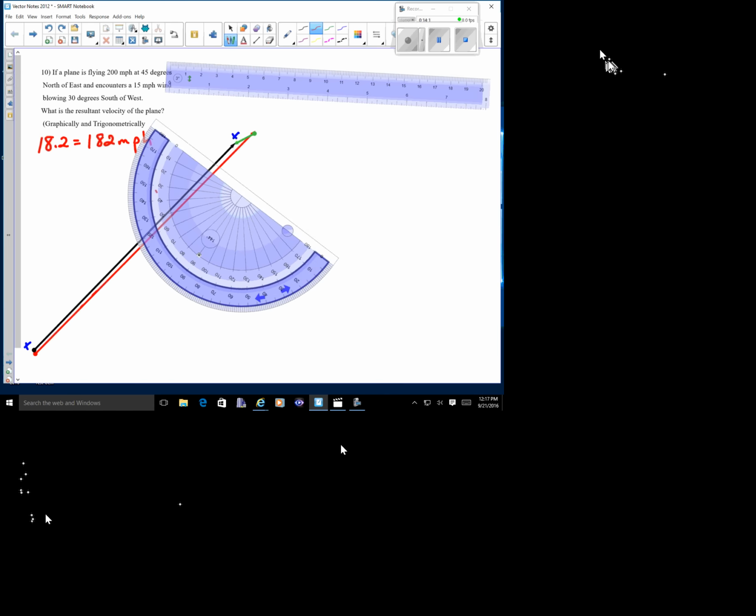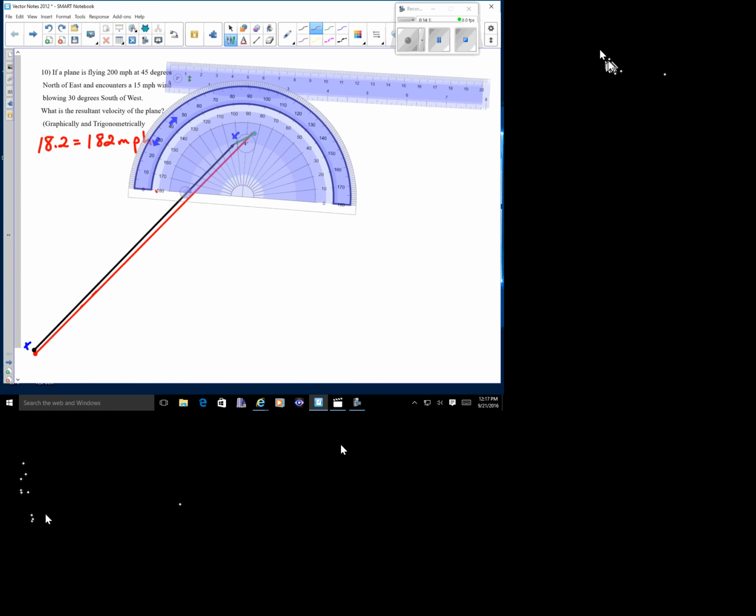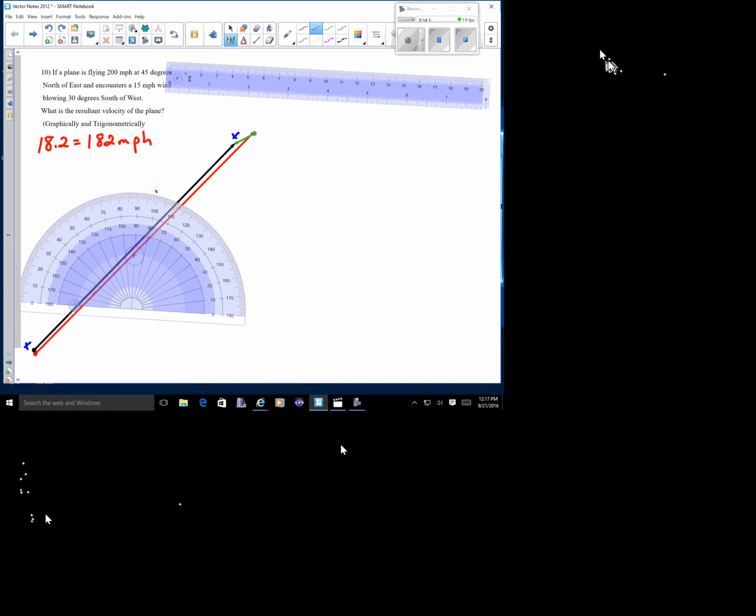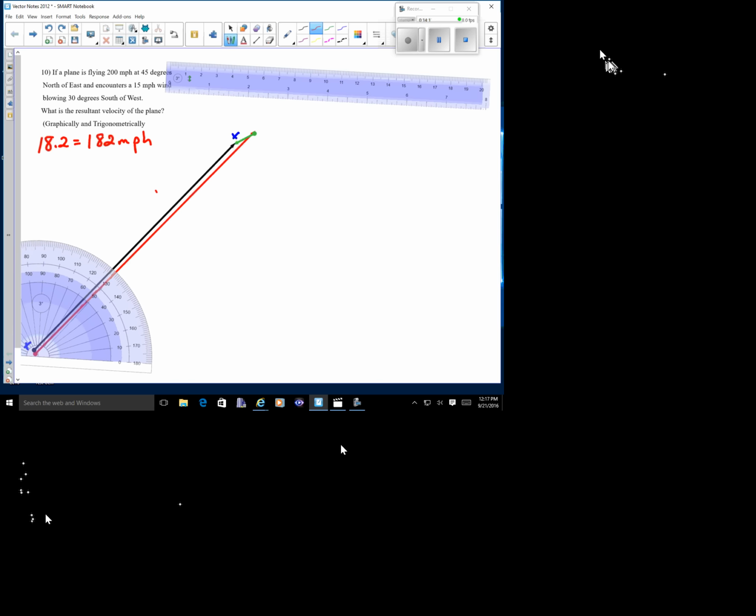I don't know what happened to that, so that's not even close. But anyway, it looks like the black line is about at 47 degrees. Since the 0 of the protractor is facing east, and that black line went towards the north, I'm going to say that's 47 degrees north of east.